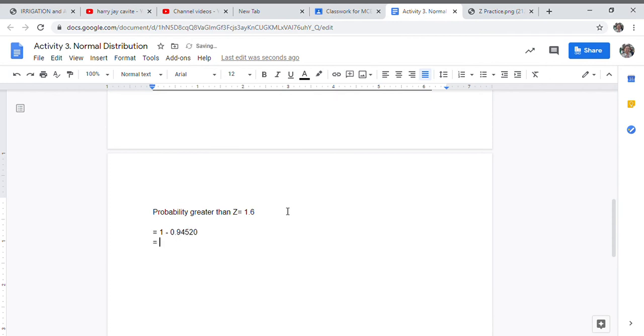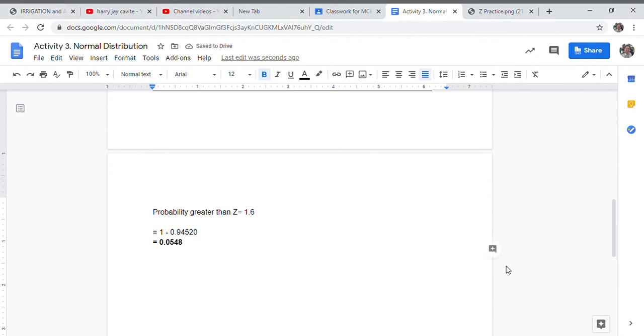So we have 1 minus 0.94520, which is 0.0548. So this is now our answer.